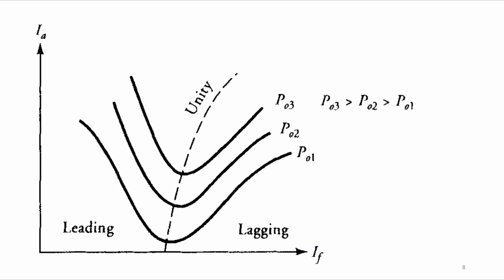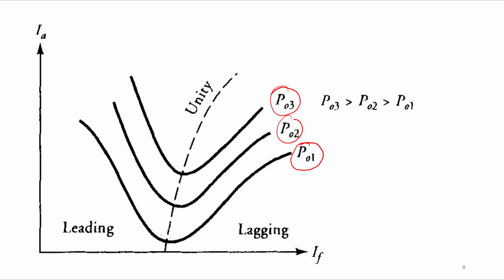As we see here, for different power outputs PO1, PO2 and PO3, the V curve is plotted. Now for PO1 we have seen from leading to lagging as it moves.